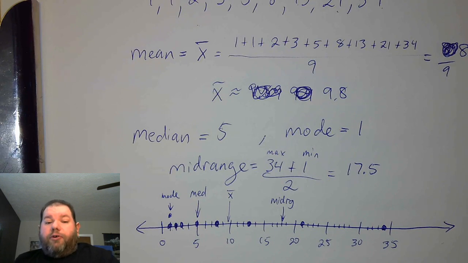Now, when we were talking about shapes of distributions in the last section, what kind of shape would you think this distribution would have? Is it symmetric, skewed left, or skewed right?